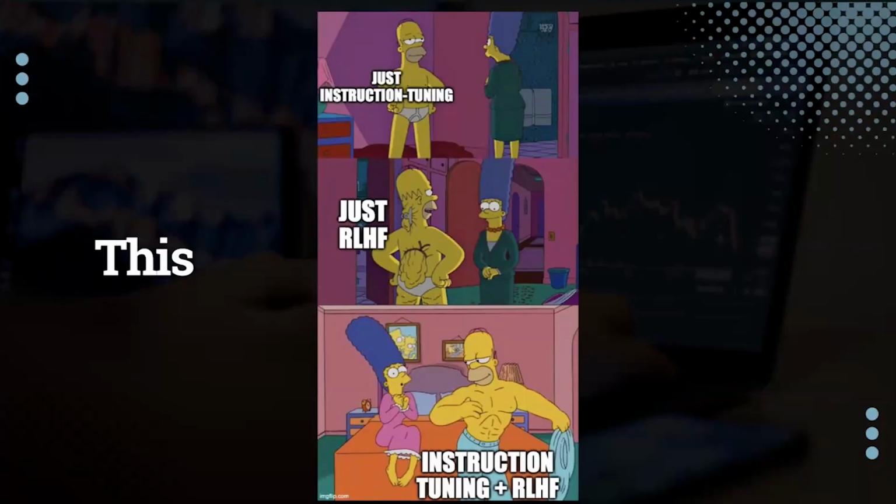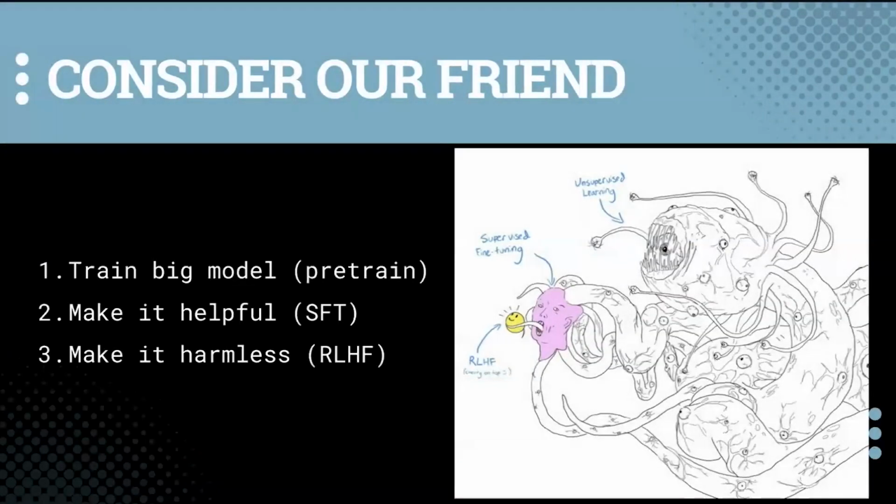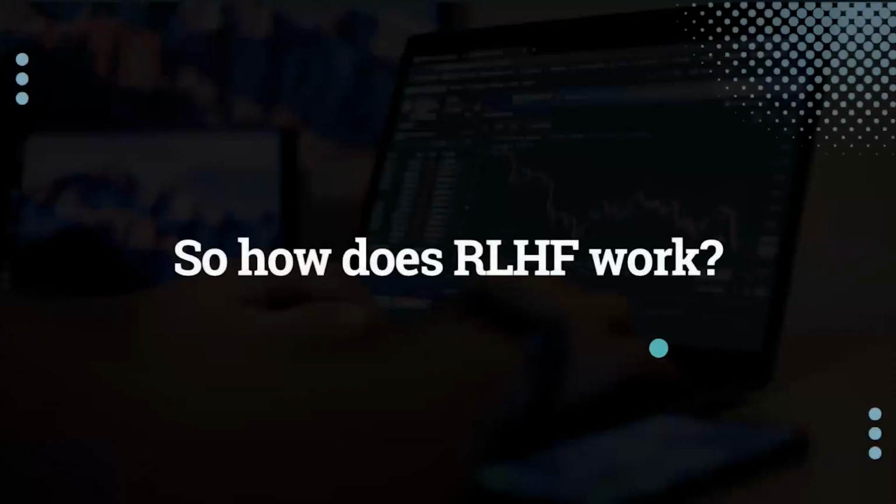We want to make sure that we're doing things in the right sequence to get the outcome that we want in the end. The general physical health in this analogy is the general health of the entire system. And so this also will help us avoid, we talked about catastrophic forgetting last time, and other issues that we could run into if we didn't take this sort of measured, narrowing approach. So we want to train the big model, then we want to make it helpful, then we want to make it harmless. With this context, we can understand how RLHF works pretty easily.